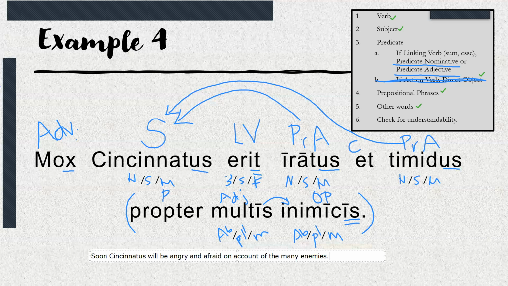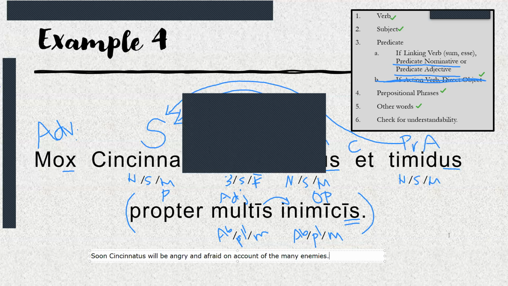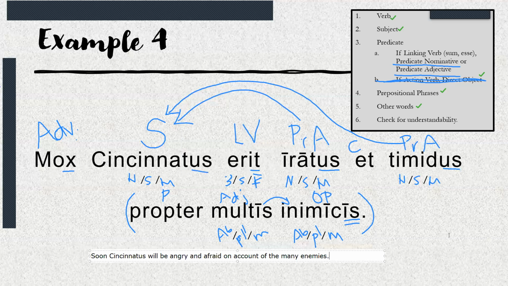Now, it's important to be able to learn to do this. This was only 1, 2, 3, 4, 5, 6, 7, 8, 9 words. Our upper level students are currently translating Caesar, and some of his sentences are 40 words long, but this still works in those situations.